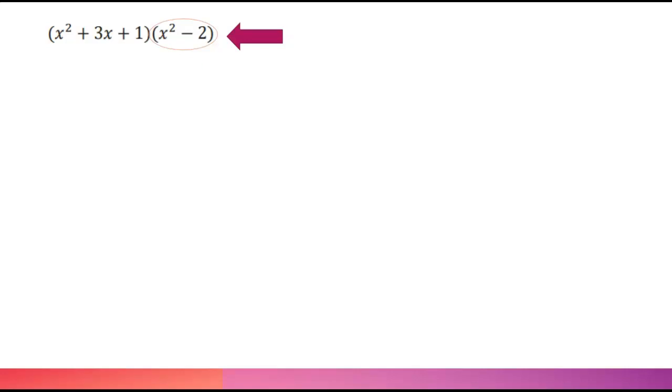In this case, to multiply this correctly using the box method, we must fill in the missing term with a 0x as a placeholder. That means we can rewrite x squared minus 2 as x squared plus 0x minus 2 to make it also a trinomial.